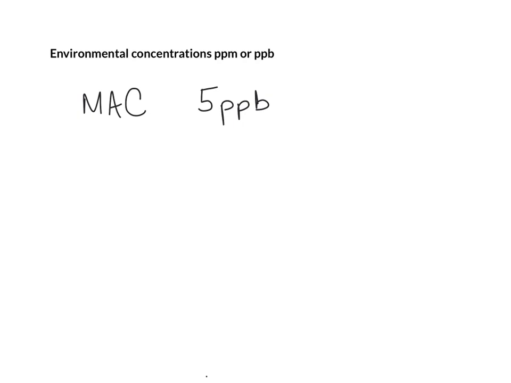Currently, if you go on the Niagara Region website, we are even lower than this. It's not even detectable in our drinking water at the moment. So 5 parts per billion.